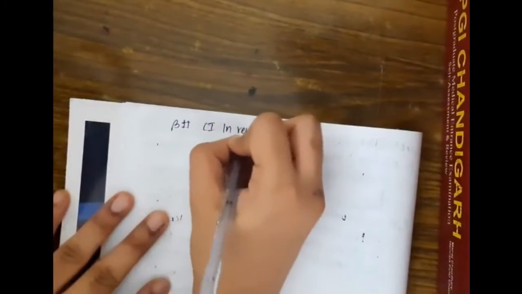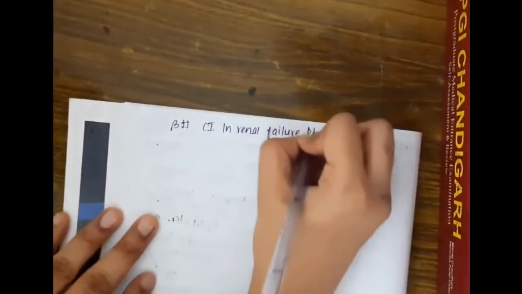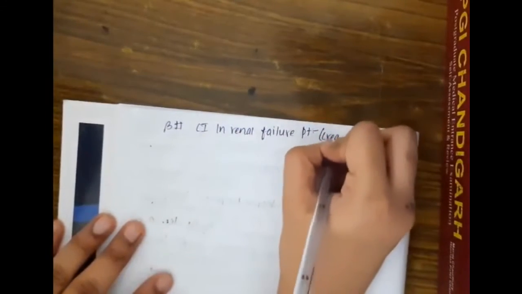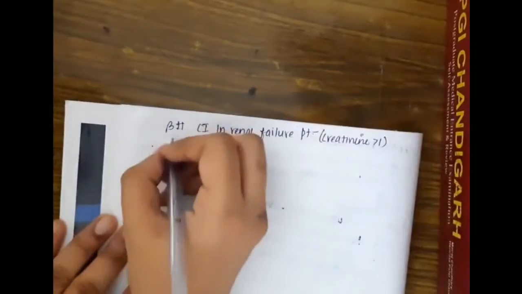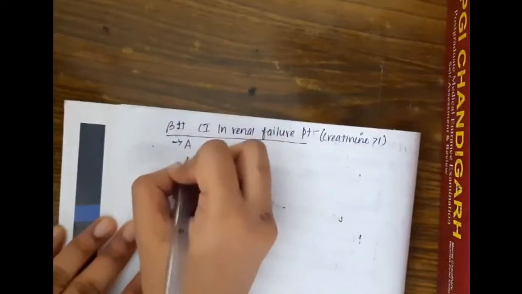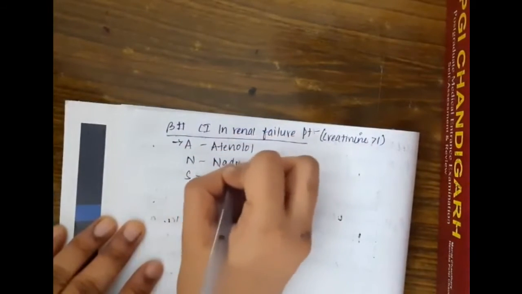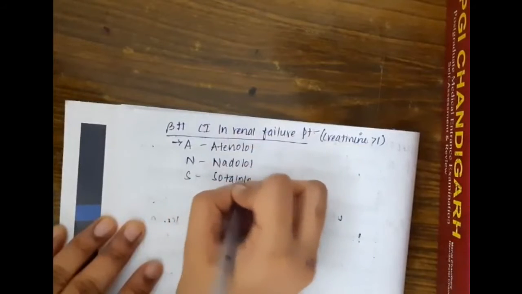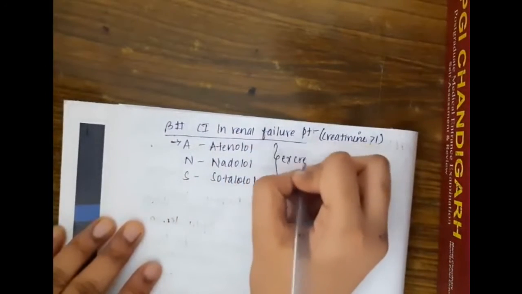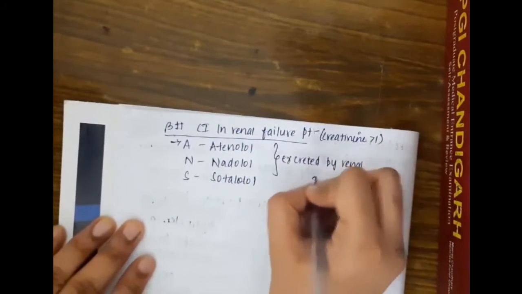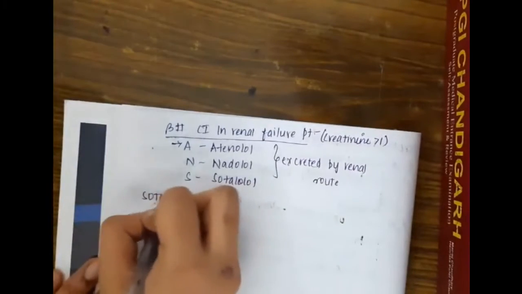Then if you see beta blockers which are contraindicated in renal failure patients, these are patients with creatinine more than 1. This is given by the mnemonic ANS, that is atenolol, nadolol and sotalol are contraindicated in renal failure. They are excreted by the renal route.